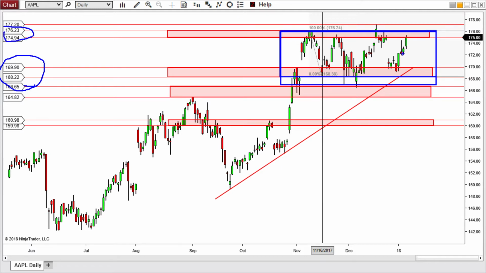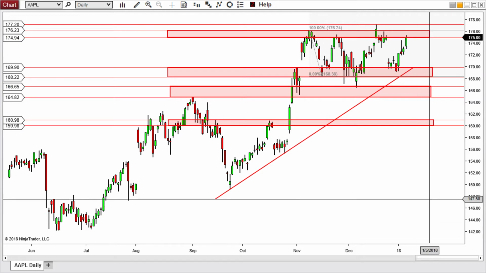Right now, I'm looking at Apple for the possibility of breaking out of this trading range. It's essentially been bouncing off of it. Of course, there's a possibility that it could bounce against this price zone and move back down to the lower boundary of this trading range.